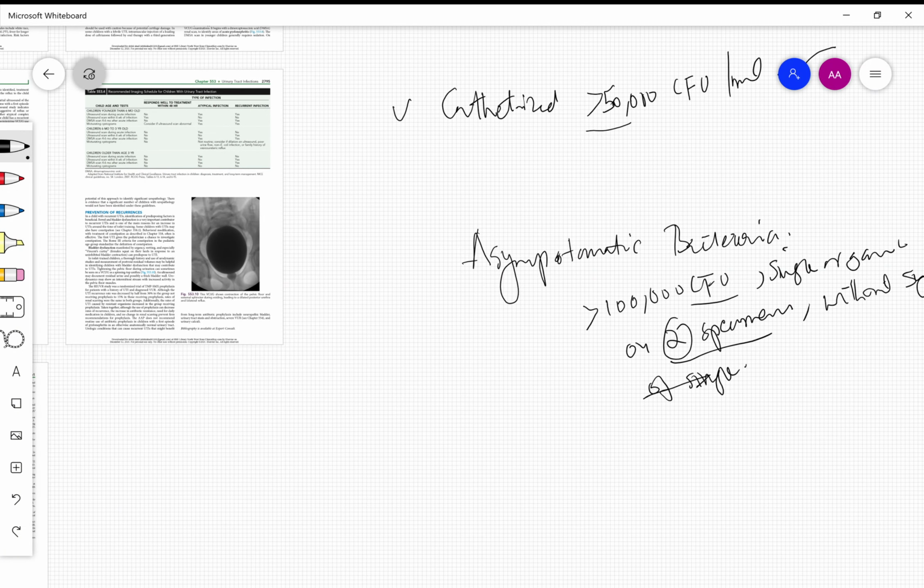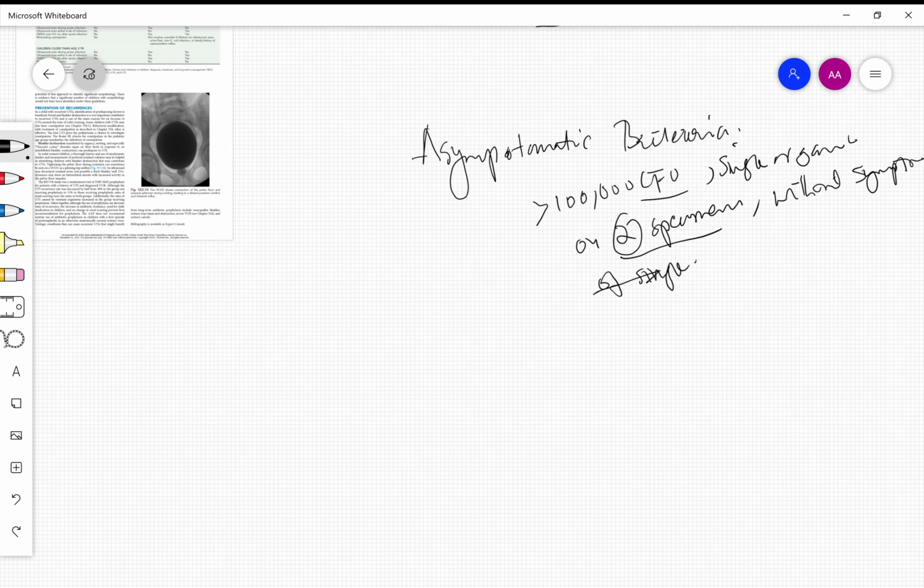It doesn't need to be treated, because there is evidence that if you treat asymptomatic bacteriuria, it usually disturbs the microbiome of the urinary tract, and it may cause symptomatic UTI.